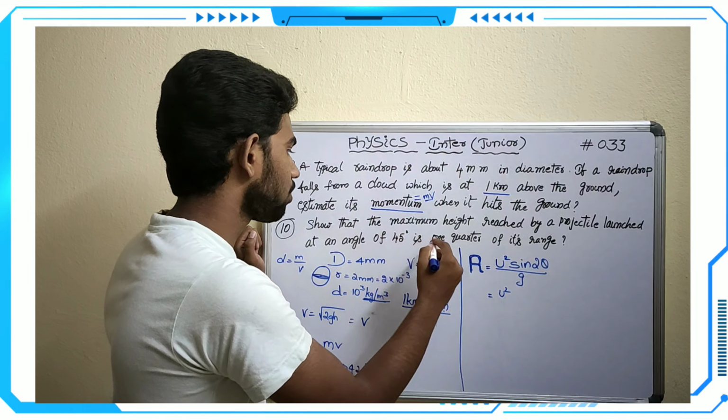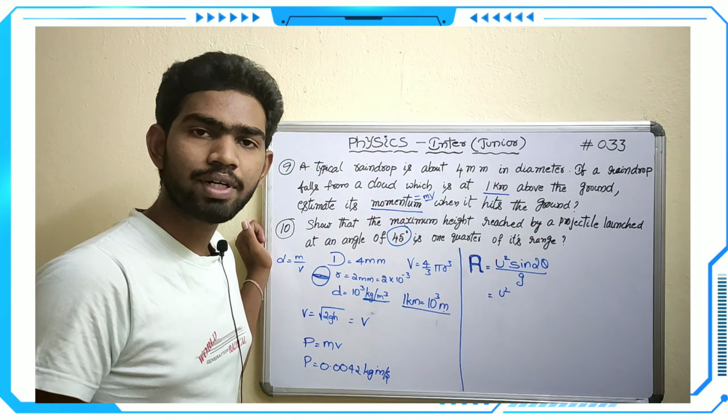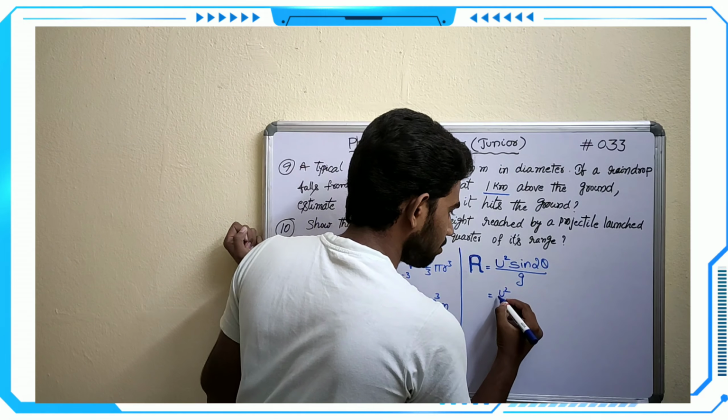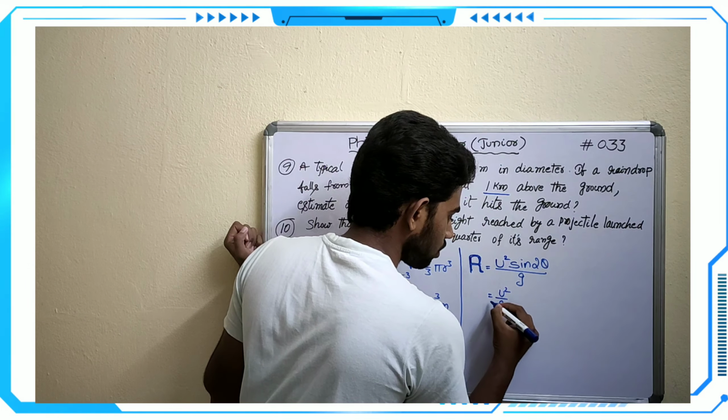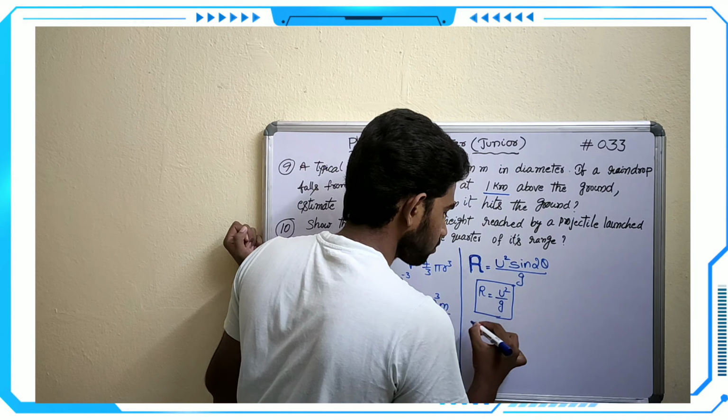They have given 45 degrees, so 2 into 45 degrees is 90 degrees, sine 90 is 1. So R equal to U square by G.